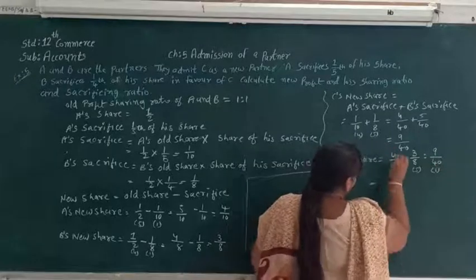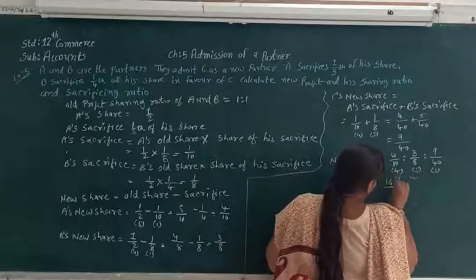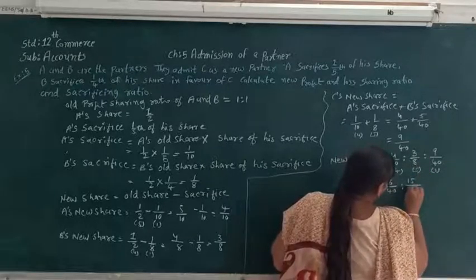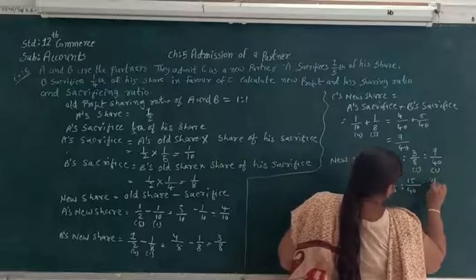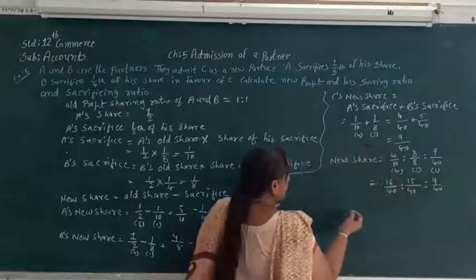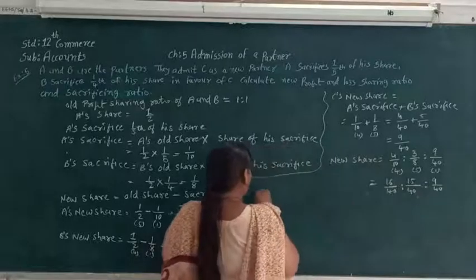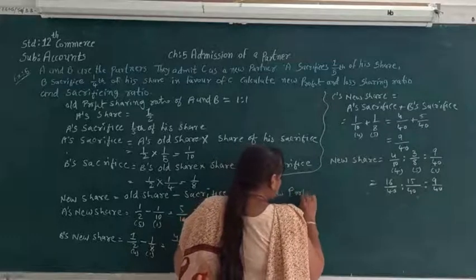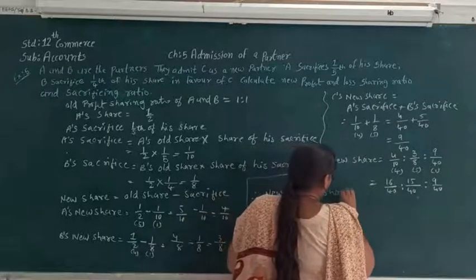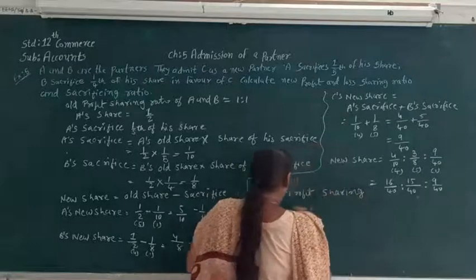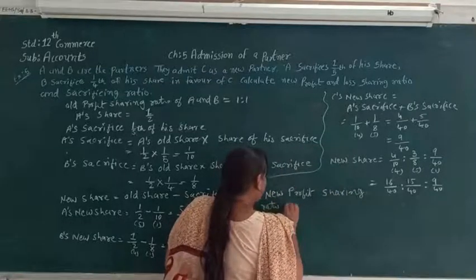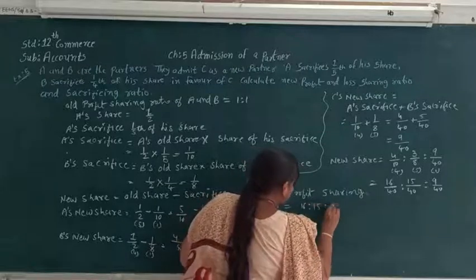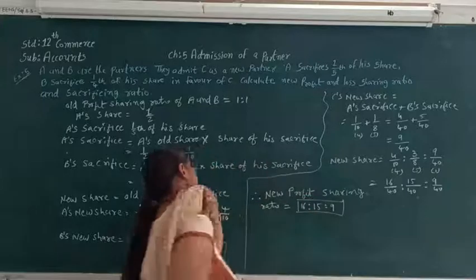So 4 fours are 16 upon 40, is to 5 threes are 15 upon 40, is to 9 upon 40. So the new profit sharing ratio is 16 is to 15 is to 9. So this is the new profit sharing ratio.